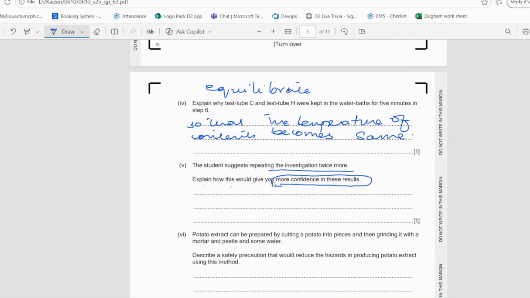Good, excluding the anomalous result by identifying them. After identifying them is better. Okay.